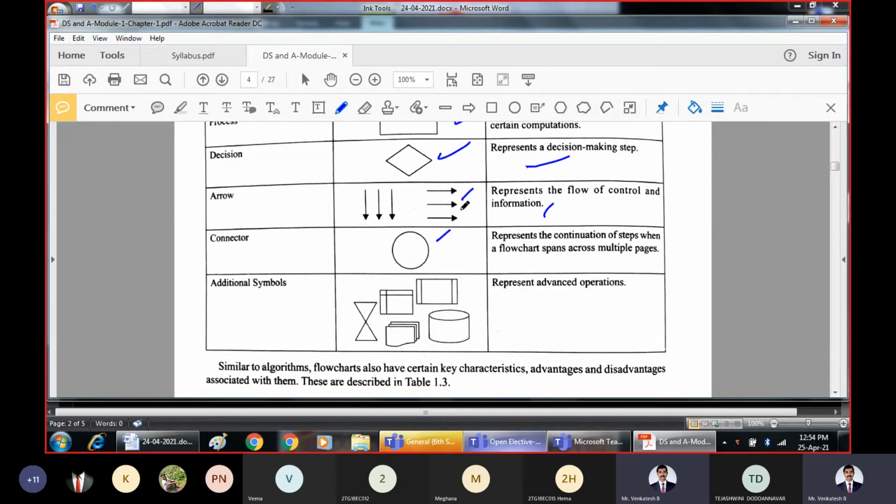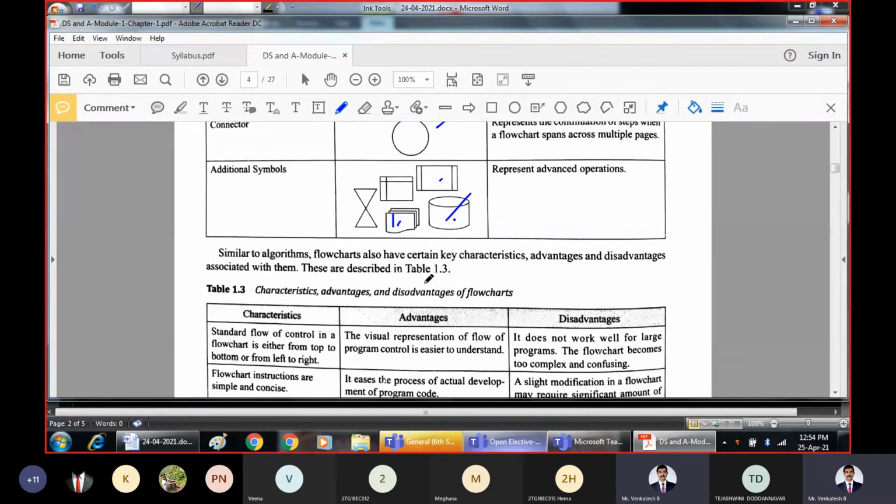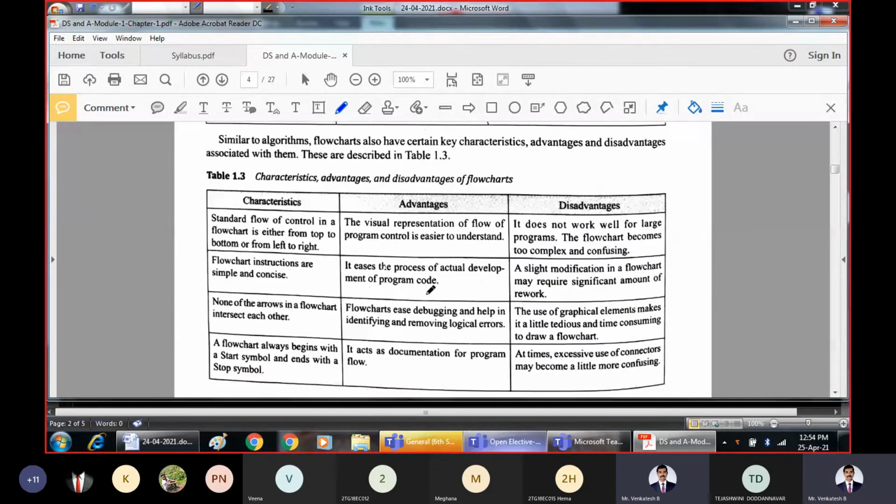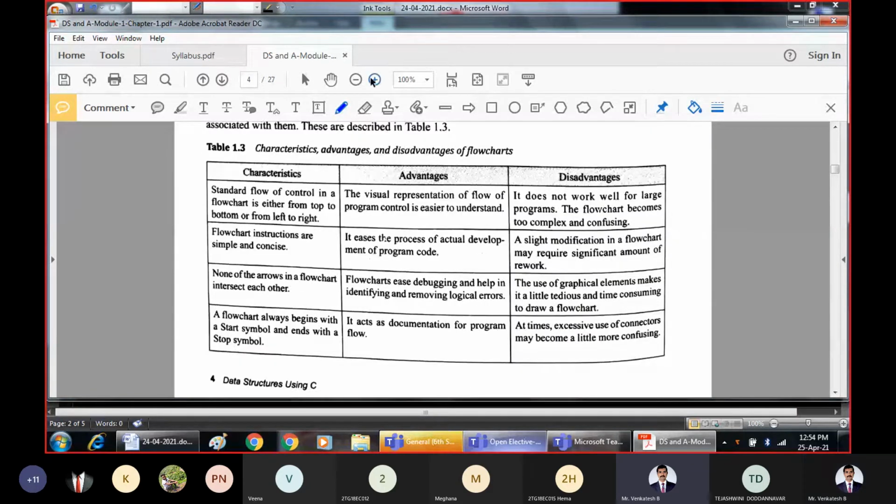If the flowchart is going to span multiple pages, then you use a connector. And these are additional symbols. This represents the database. This also represents multiple files, database, and some logical linking with the database. So these are the different symbols we use in a flowchart.